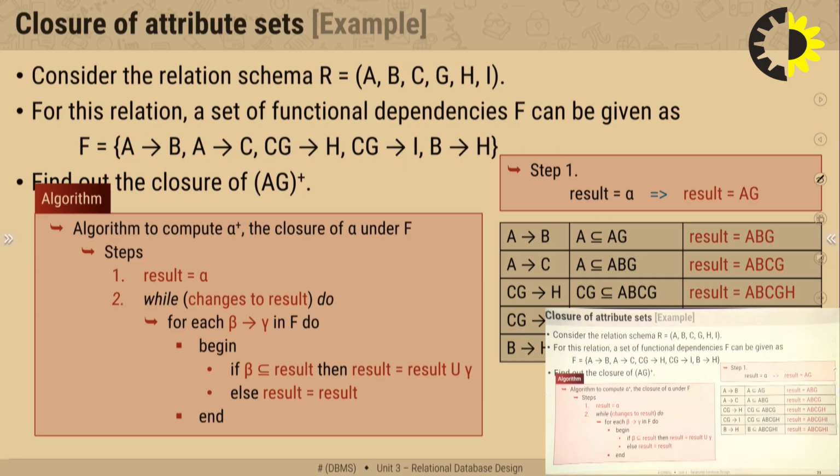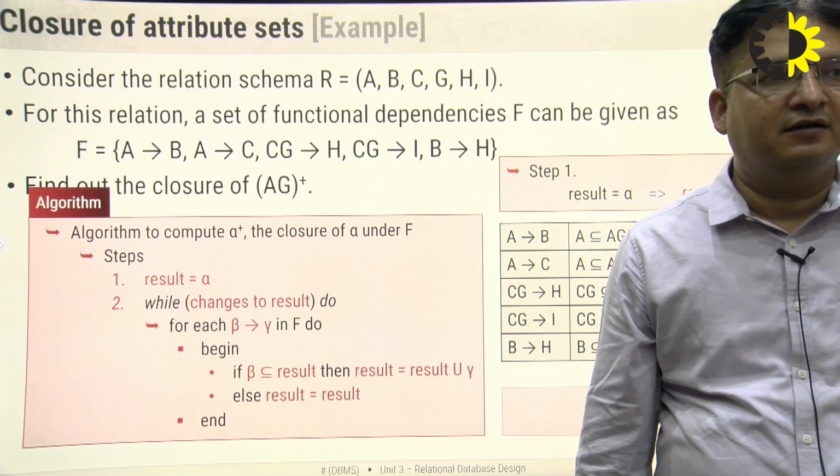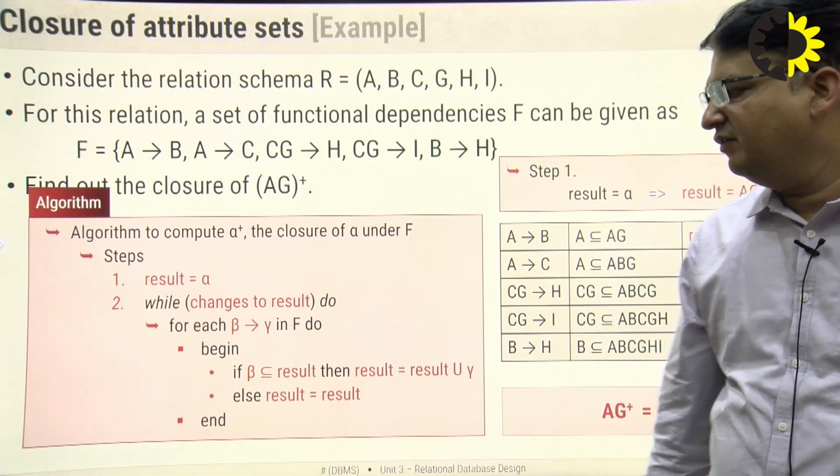Now B determine H, and B is a subset of the previous result, so the result equal to ABCGHI. See, there is no change in result, so the closure of AG plus is ABCGHI, right? That is, AG is the candidate key for the given relation.